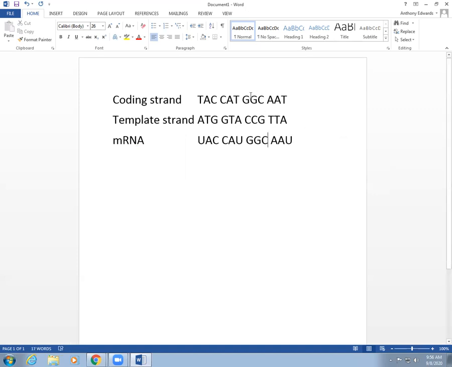That one didn't change, right? Because there's no U's or any A's in there. So I'll give you a minute to rewrite that last strand, or mRNA strand. Keep me honest.